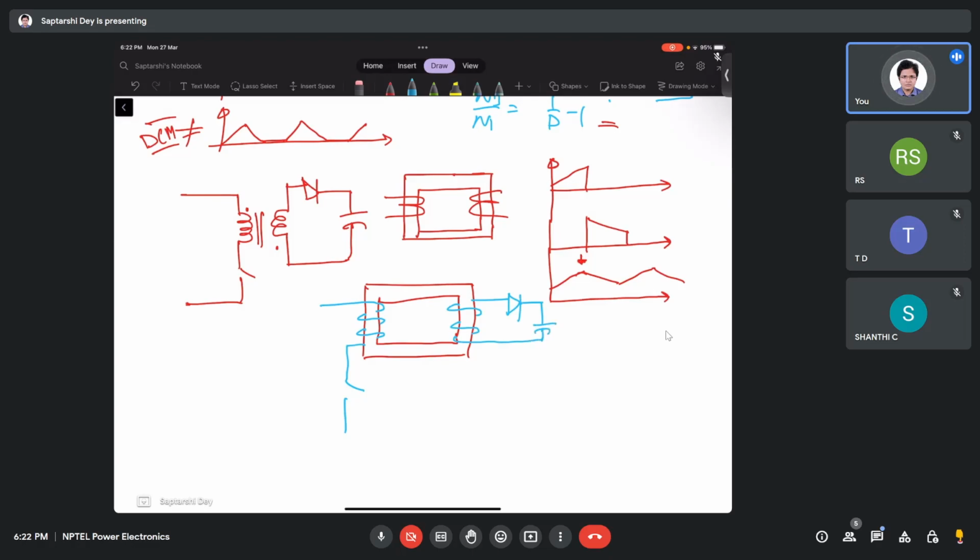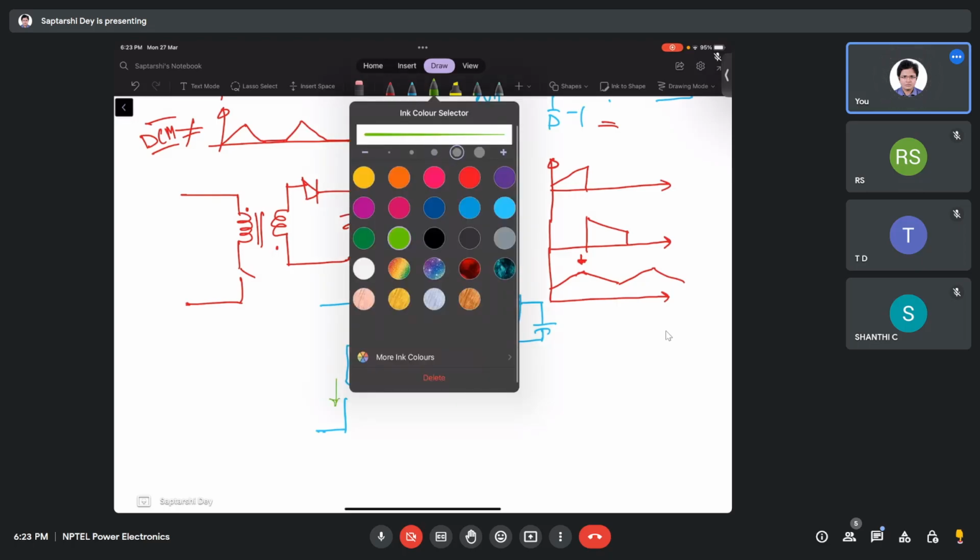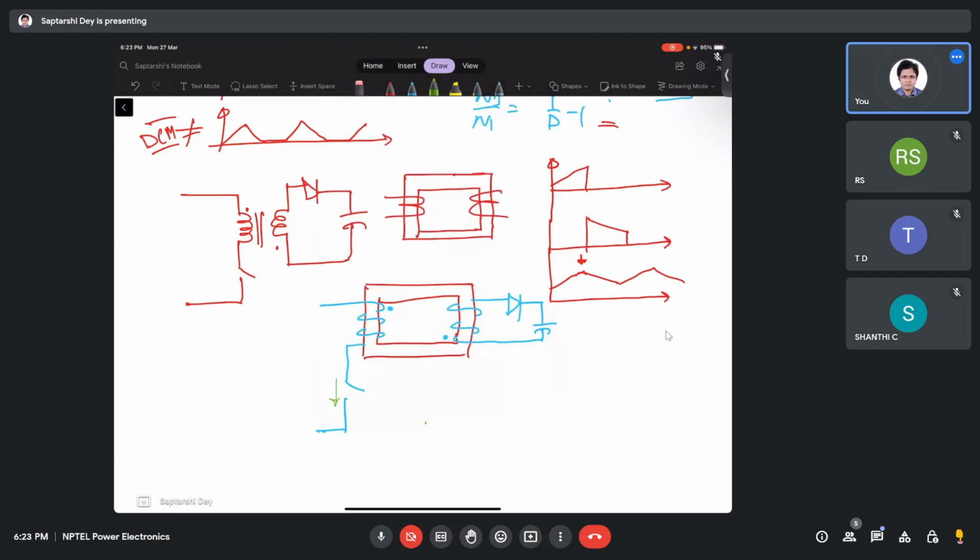Now if I draw it this way, then I can say this is dot and this is dot. Now if I say that this switch is closed, the current is flowing in this fashion.